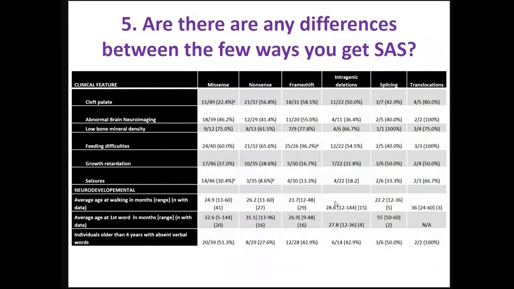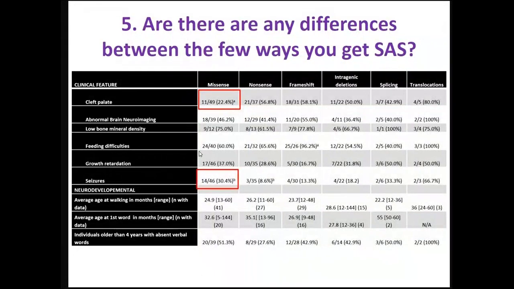The bottom line is that there are really no major differences that we've seen, at least when it comes to changes within the gene, or even pieces missing within the gene. A couple of things I was going to mention here: for missense mutations, it appears that cleft palate happens less often, but seizures do appear to happen more often in the same group.